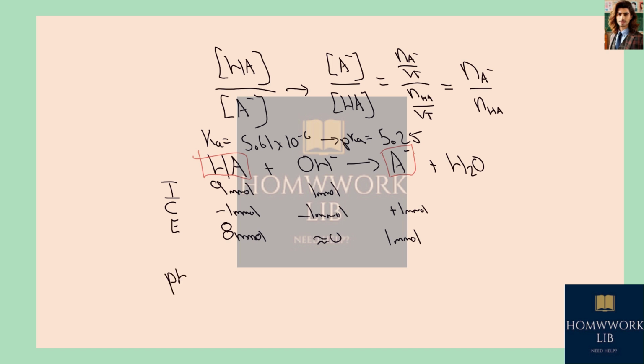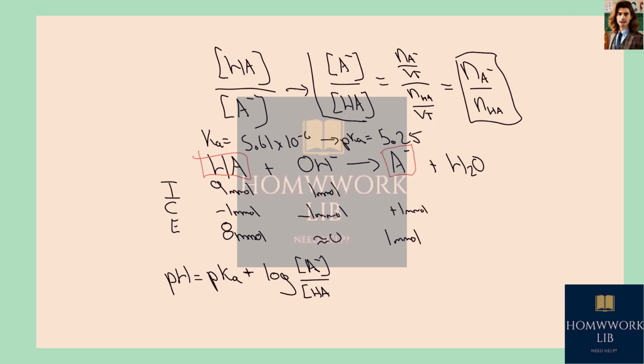And how do I get the pH for a buffer? I use the Henderson-Hasselbalch equation. pH is equal to pKa plus logarithm of the concentration of A minus divided by concentration of HA. But over here we already said that we can substitute these values.